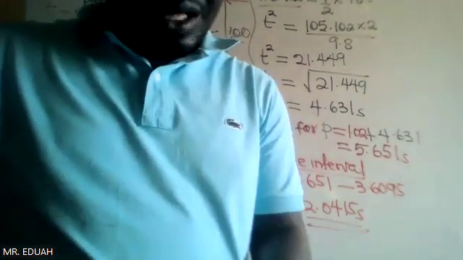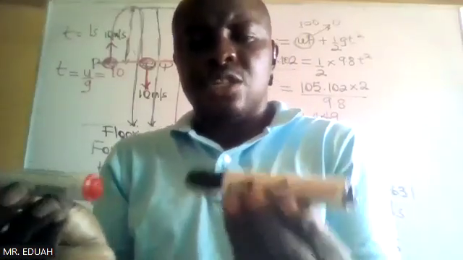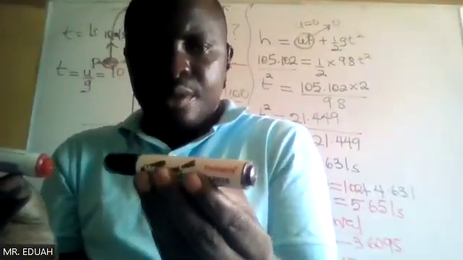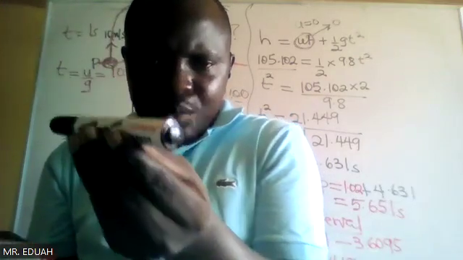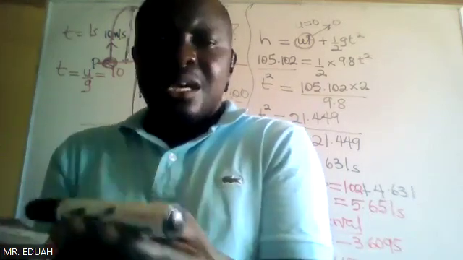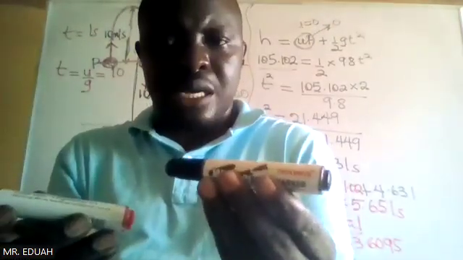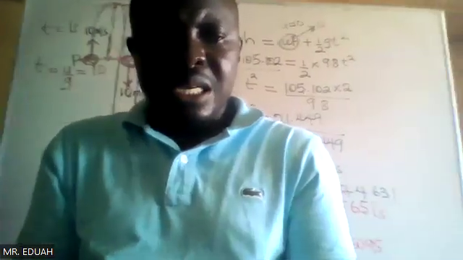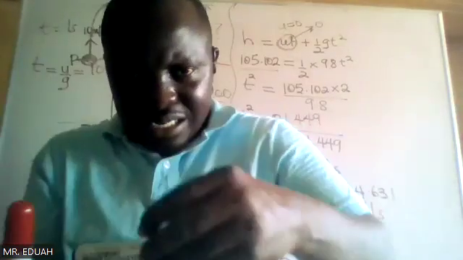Let me explain the question a little bit. Two particles, P and Q, are shot vertically upward. They are all going up, but P was thrown first before Q. We are looking for the point where the two particles would meet, cross. If the throw was not delayed, there's no way they can cross each other. But because the throw of Q was delayed, P can get to the maximum height, and when it is coming down, it will cross the other one.